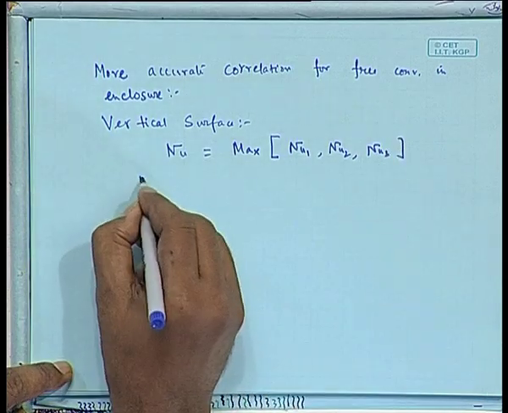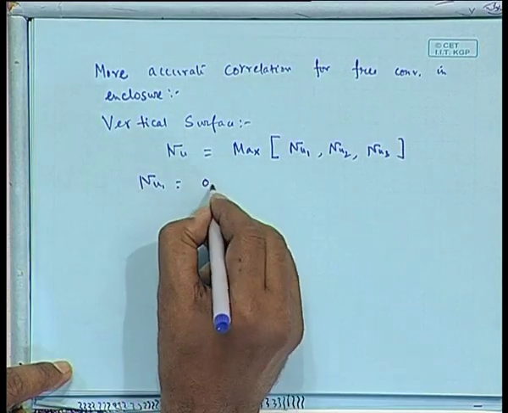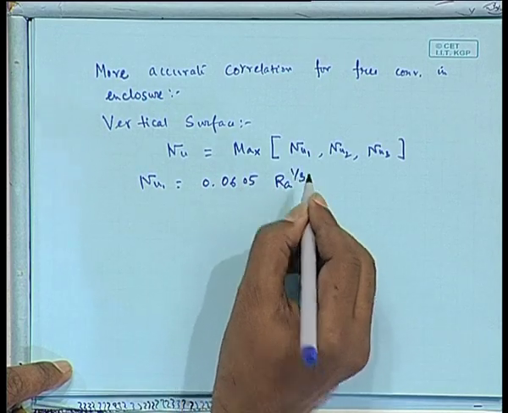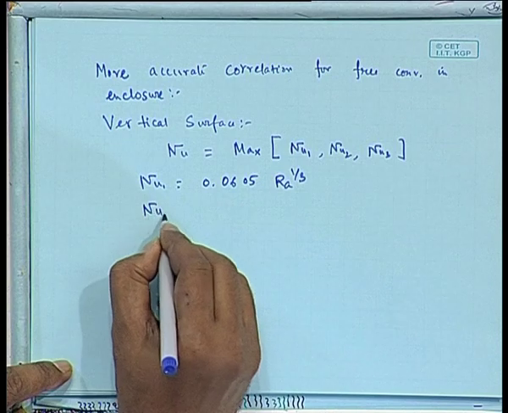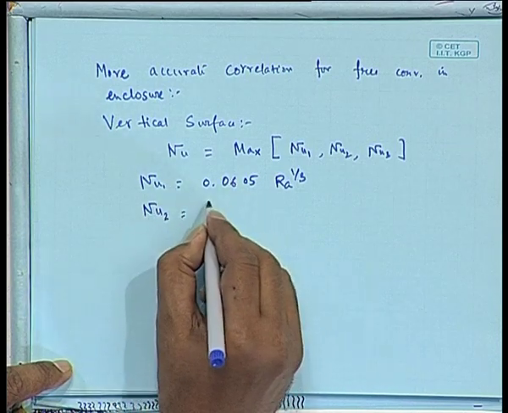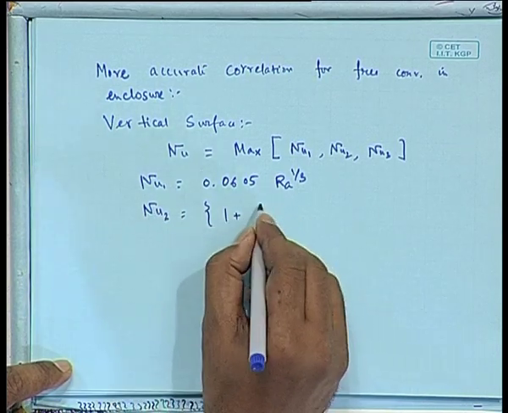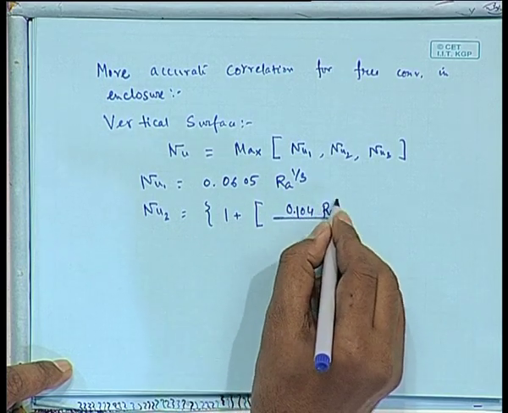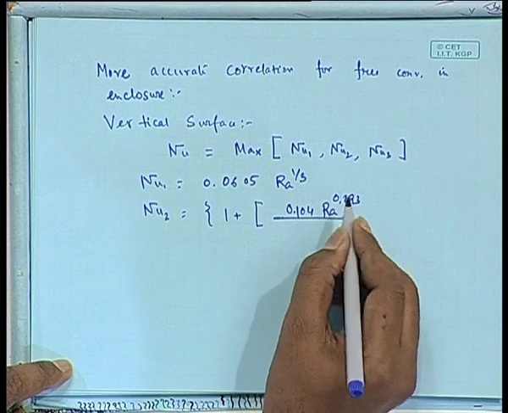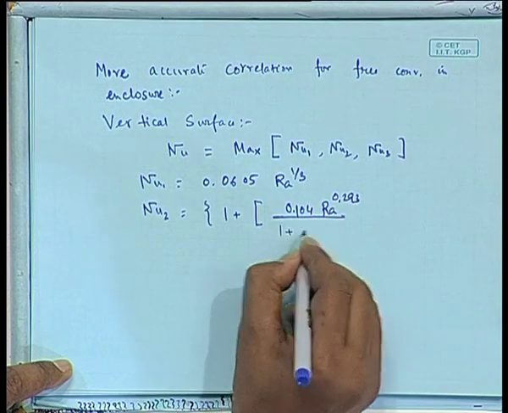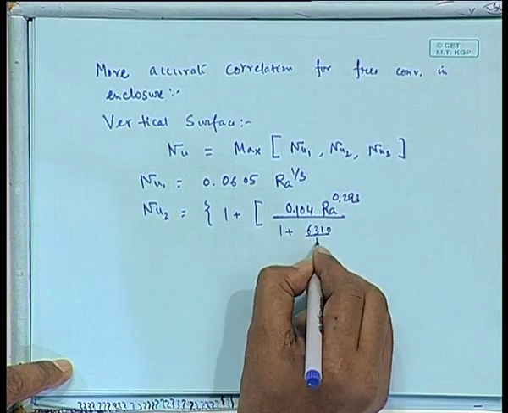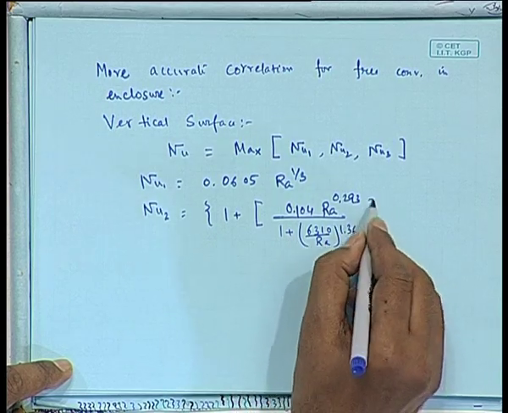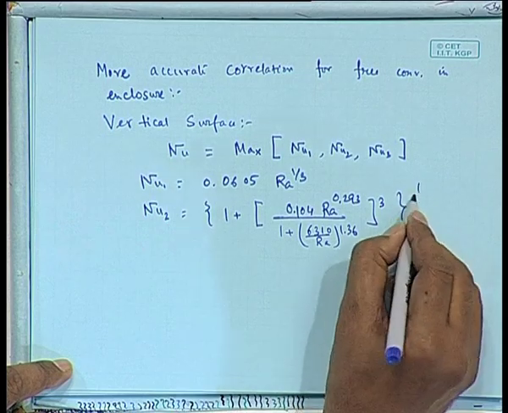Now, what is NU1? There is a relationship for that: 0.0605 Rayleigh raised to the 1 upon 3. NU2 is 1 plus 0.104 Rayleigh raised to the power 0.293, over 1 plus 6310 Rayleigh raised to the 1.36, whole cube raised to the power 1 upon 3.